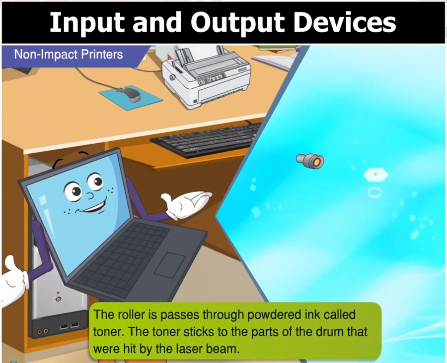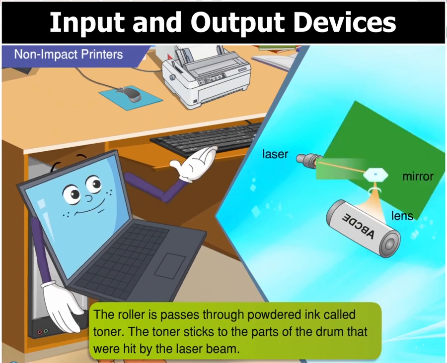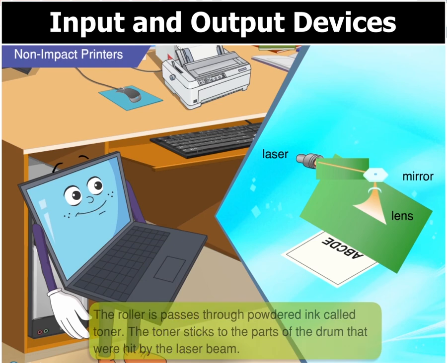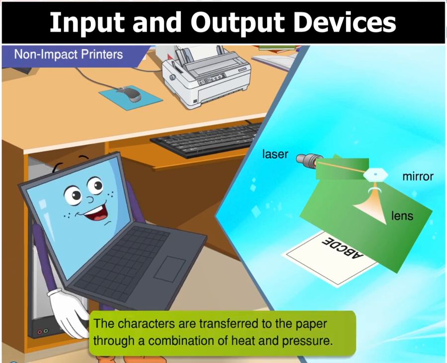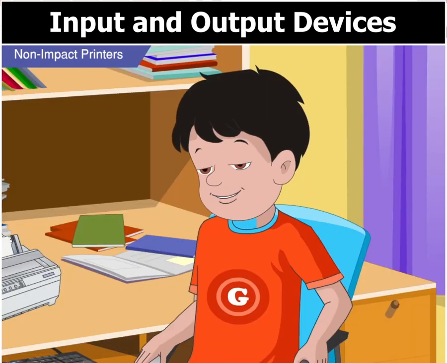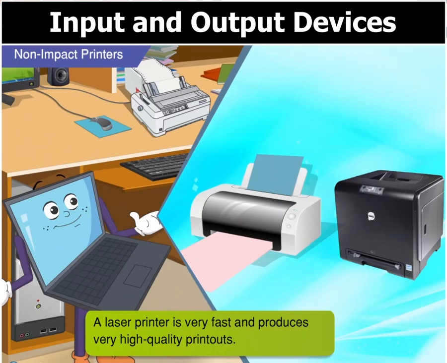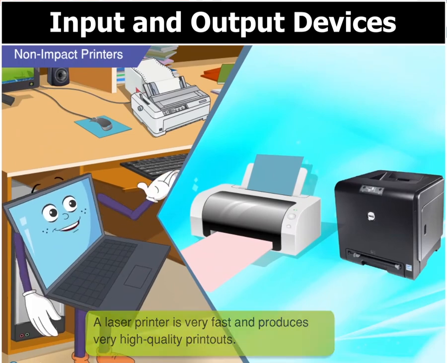The roller is passed through powdered ink called toner. The toner sticks to the parts of the drum that were hit by the laser beam. Finally, the characters are transferred to paper through a combination of heat and pressure. Is the laser printer better than the inkjet printer? Yes, Goggle, a laser printer is very fast and produces very high quality printouts.